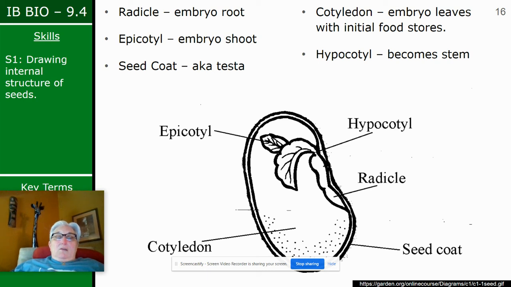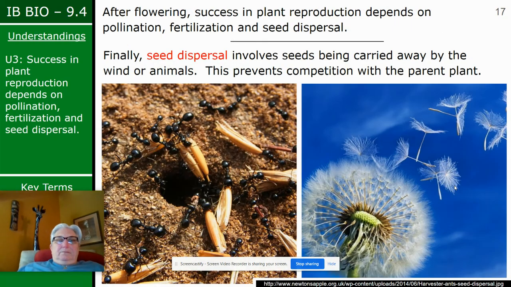Now, if they say draw, all you need is this. If they say outline parts, then you'd have to know, right? Radicle, like I said, root, shoot, stem. Those are kind of the 3 big pieces of the seed.